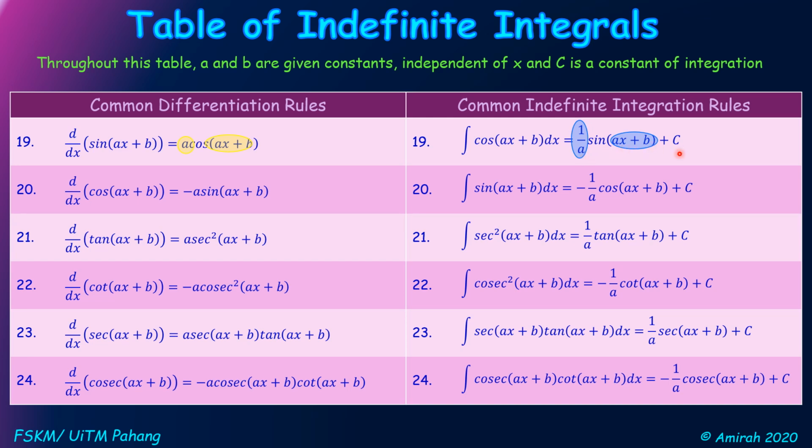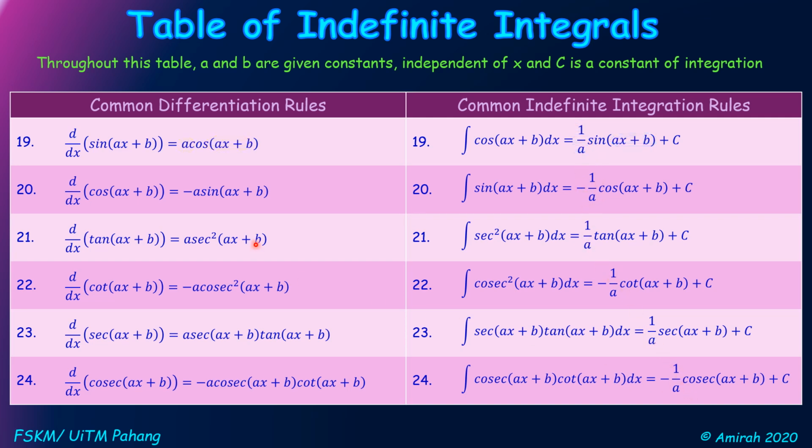And then we must put plus c. From here, if the angle is a linear function, for the derivative we must put times a in front. But for integration, if the angle is linear, we must multiply by 1 over a in front.